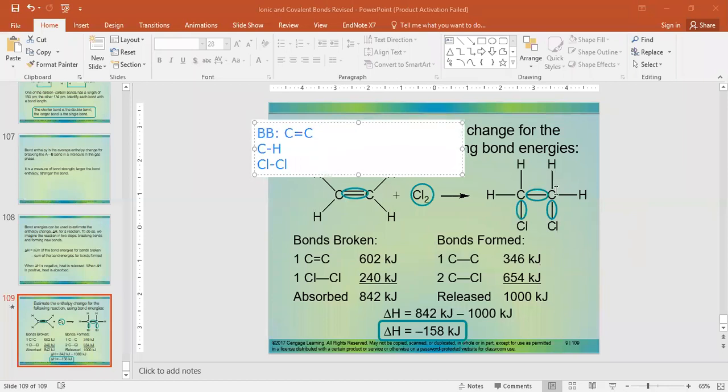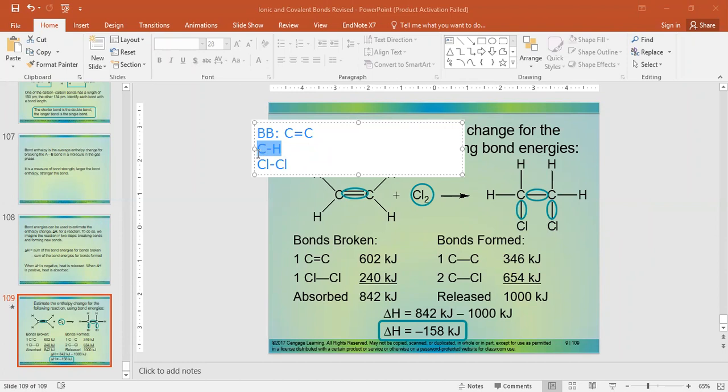Again, when you look at what is happening here, you have new bonds that are formed. So you have a carbon-carbon bond, which is a single bond, and you have two carbon chlorine bonds that are formed here. Somebody would want to ask me, why are we not putting the carbon hydrogen bond in this formula?